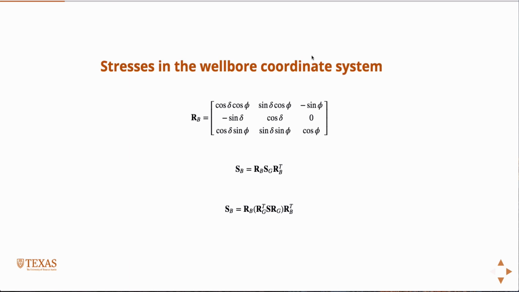So if you're given the stress in geographic coordinates, and we know how matrices transform, now we have a transformation matrix to take us from the geographic coordinates to the wellbore.